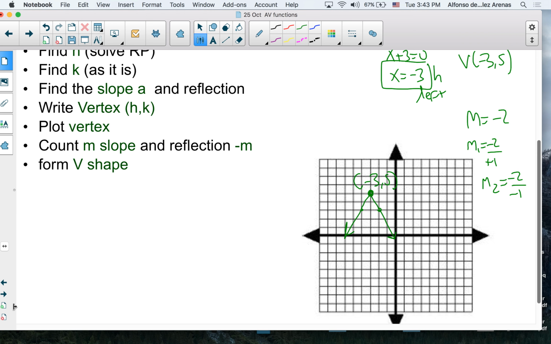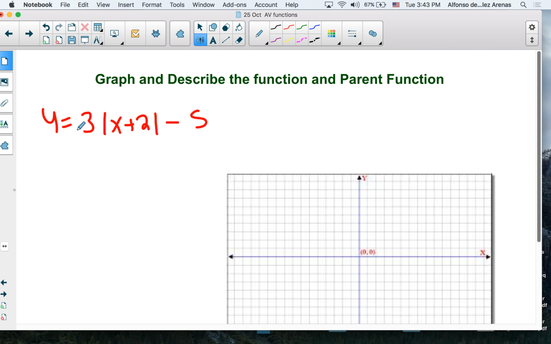But let's see another example. Here, this one. This is a y. Y, or this could be f of x, is the same. So the slope would be positive 3 over 1 or positive 3 over negative 1, because this is over 1.